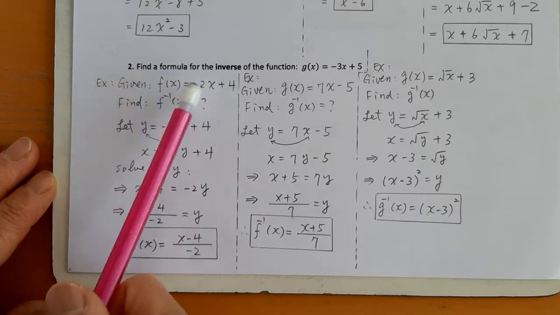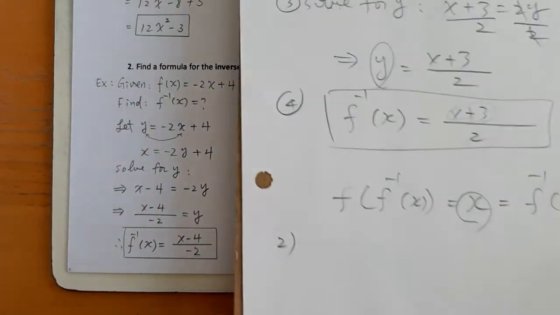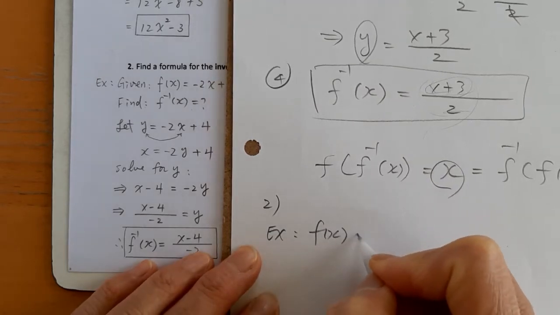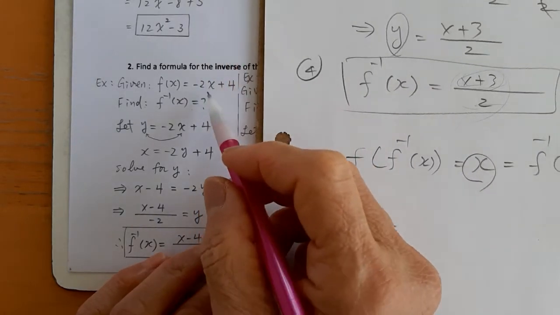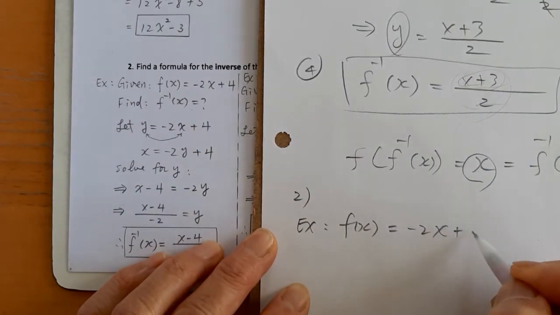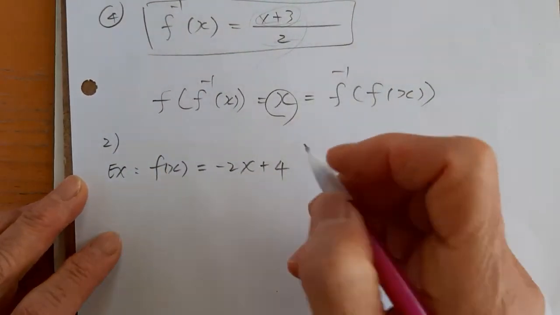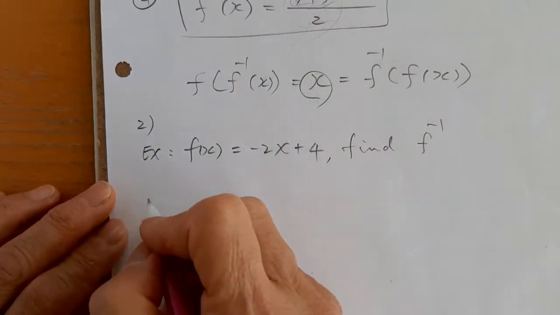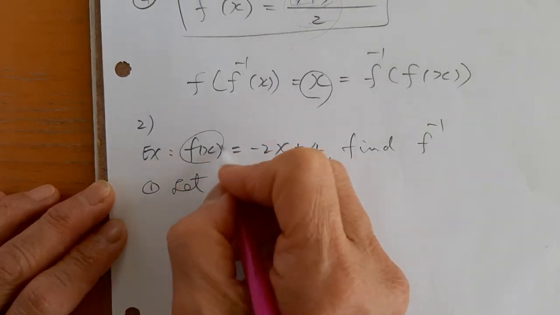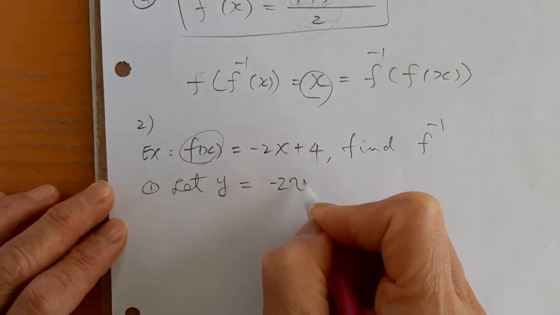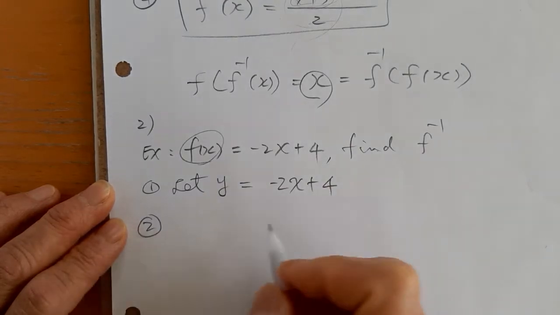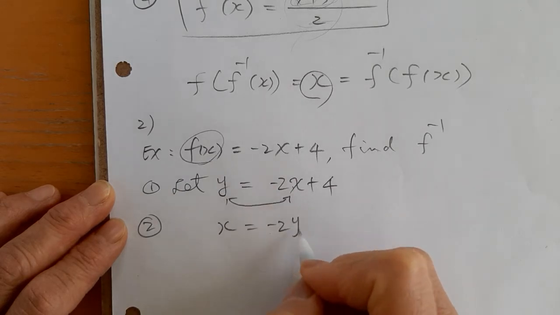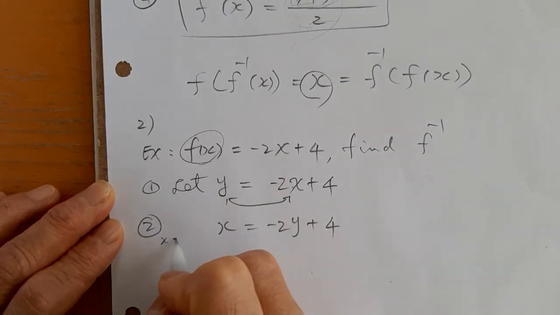Let's do this example. Given the function f of x equals negative 2x plus 4, you want to find its inverse. Find f inverse. How to do it? First step, change f of x to y, so y equals negative 2x plus 4. Second step, exchange x and y.